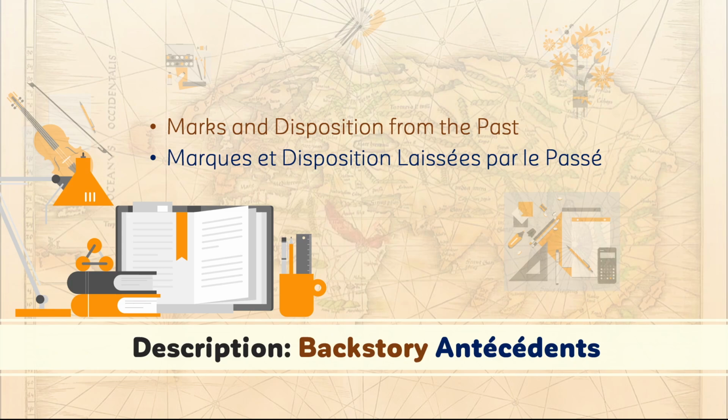So the backstory is another paragraph where you explain the marks on the art piece, the disposition from the past, how it ended up that way. If it's a scene, there might be traces of fight or rebellions, traces of anything, and you need to write it.